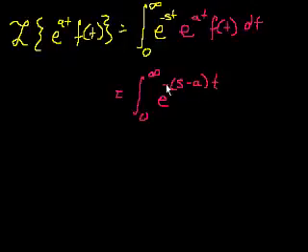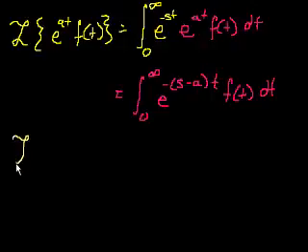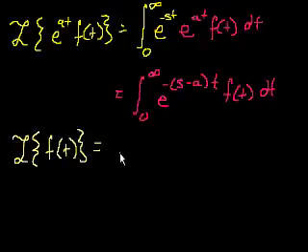And you can expand this out, right? It becomes minus s plus a, which is exactly what we have here, times f of t dt. Now let me show you something. If I were to just take the Laplace transform of just f of t, that is equal to some function of s, right? Whatever we essentially have right here for s, it becomes some function of that.